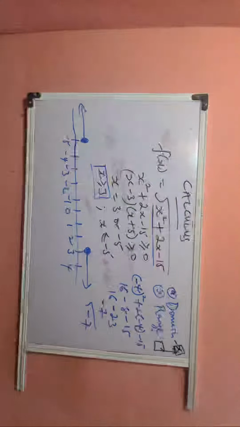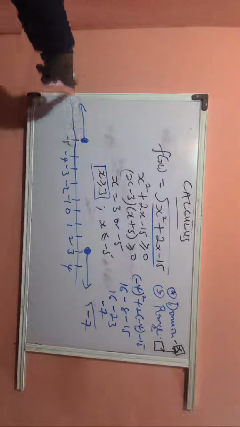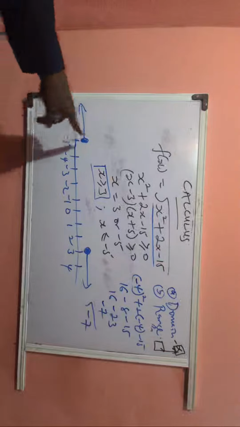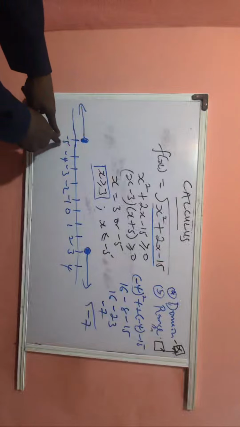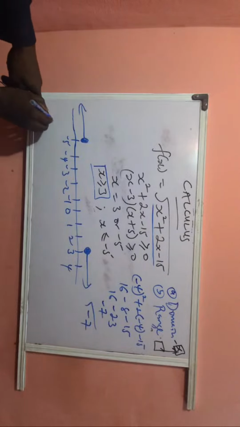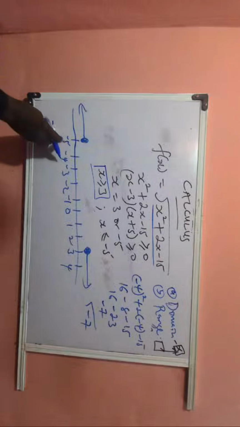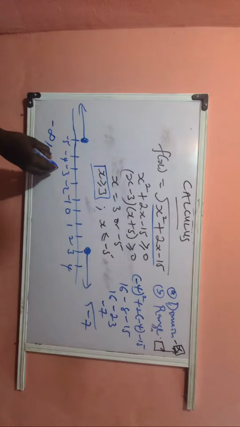So we're going to conclude using, if you look at what we have right here, you can see that from -5 downwards means it's moving from -5 towards minus infinity. So this bandwidth will register as minus infinity and -5.